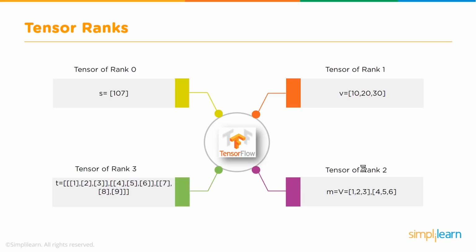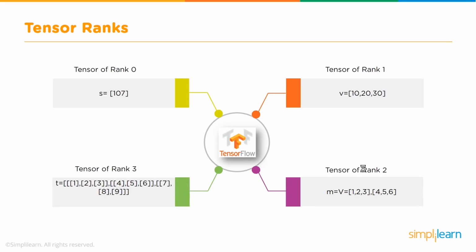There are certain terms, for example, ranks of a tensor. The rank of a tensor is like a dimensionality in a way. So for example, if it is a scalar, just one number, the rank is supposed to be 0. And then it can be a one-dimensional vector, in which case the rank is 1.